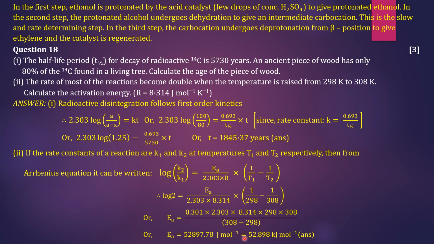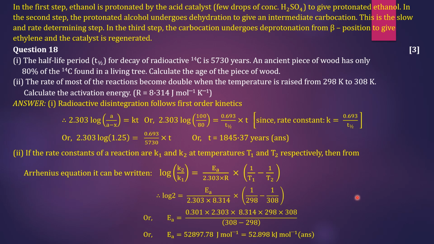Now here be careful about the unit also. In a hurry, sometimes you write the activation energy in joule only or kilojoule only. Remember, activation energy is always per mole, be it joule per mole or kilojoule per mole.